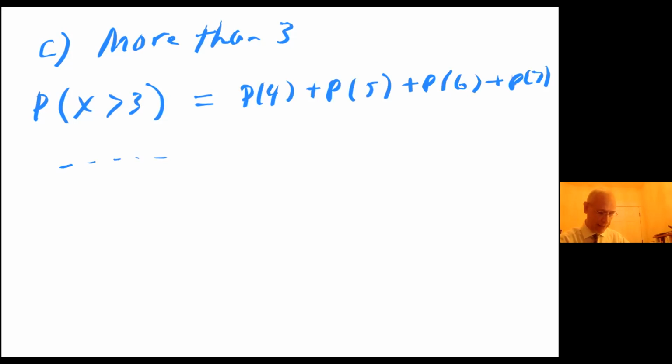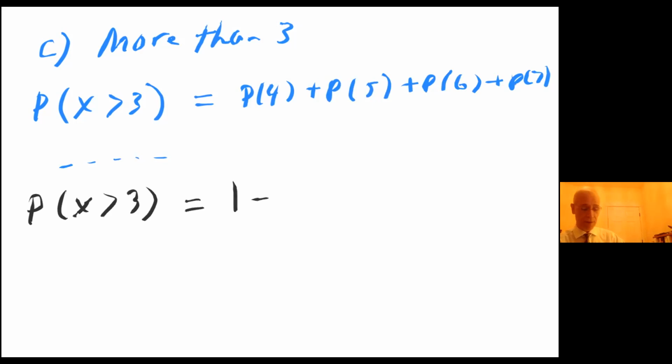We say that P of x greater than 3 is the same as its complement, which is 1 minus P of x smaller than or equal to 3. Because remember, all probabilities have to add up to 100% or 1.